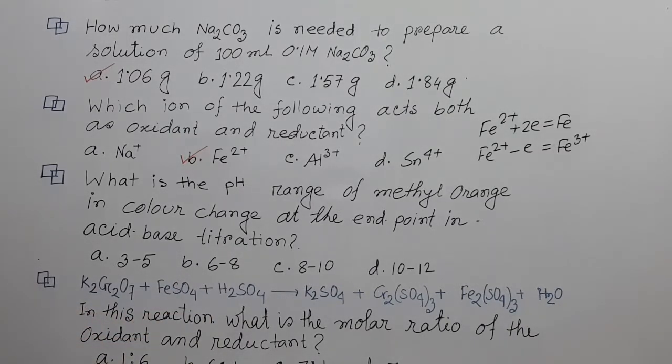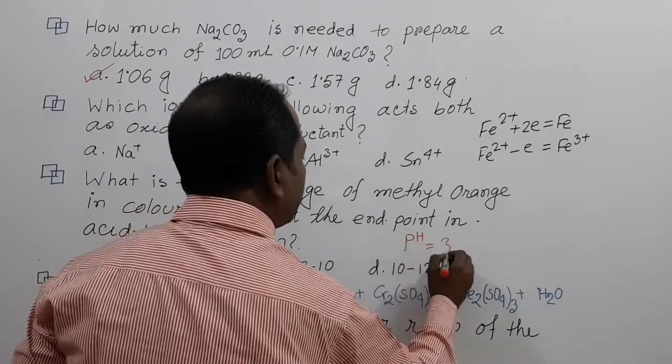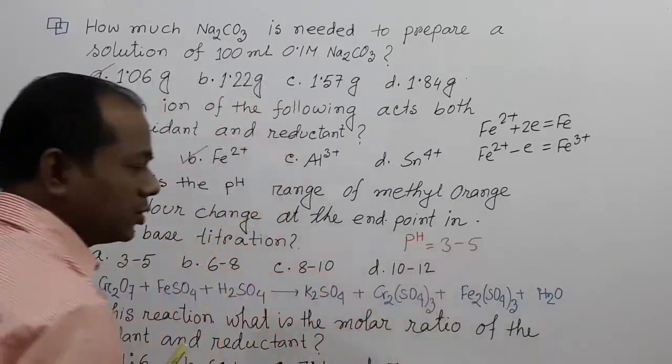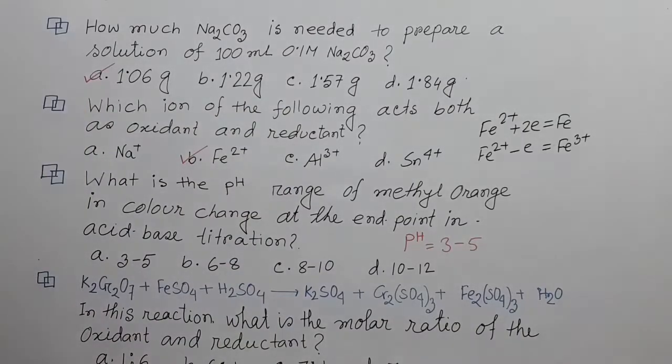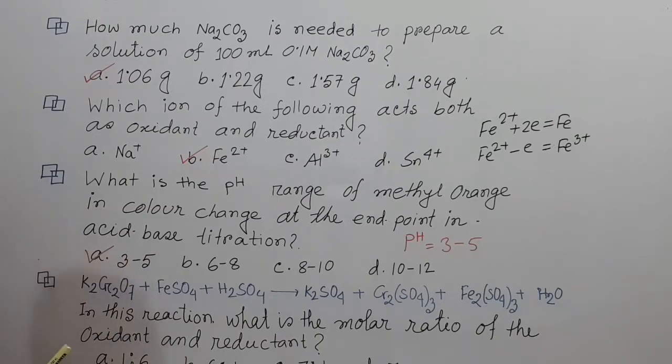My dear students, we know that methyl orange changes color at the end point in acid base titration at pH 3 to 5. So, the correct option is A, that is 3 to 5 pH.